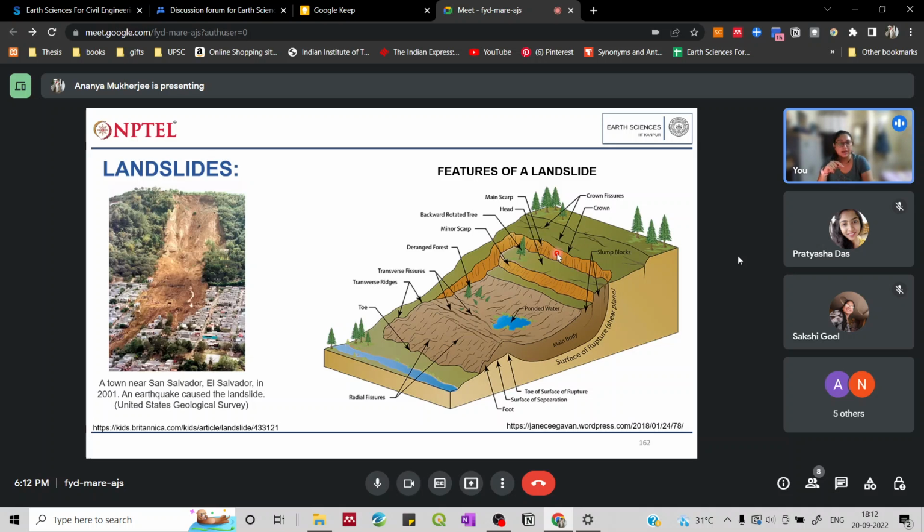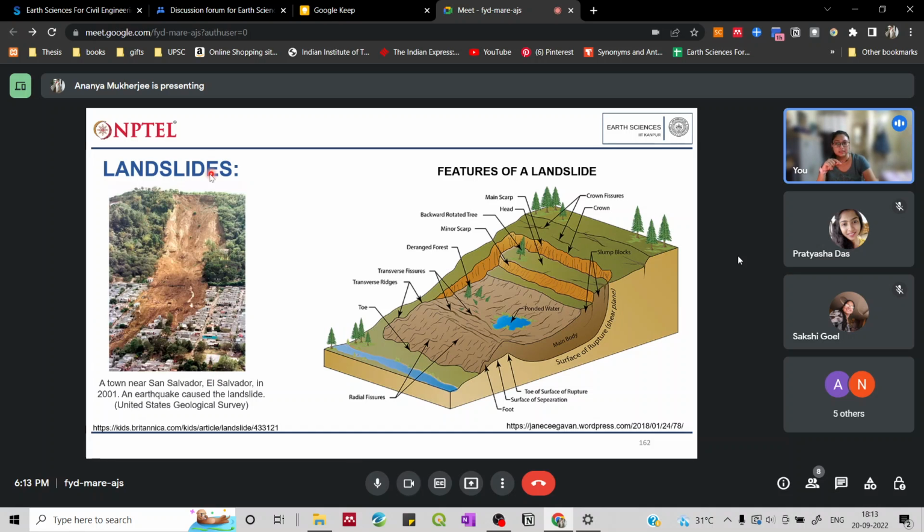Now, as I just mentioned, sometimes landslides are caused due to the occurrence of a bigger hazardous event. In the image over here you can see that this landslide has been caused due to an earthquake in El Salvador.